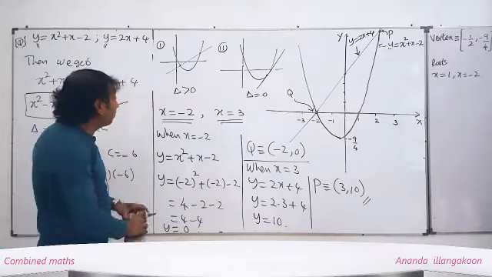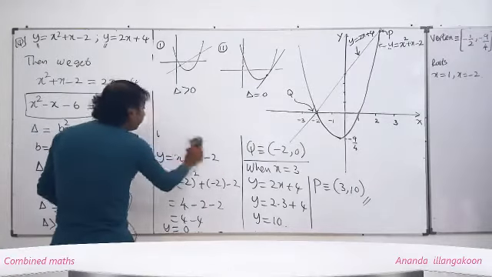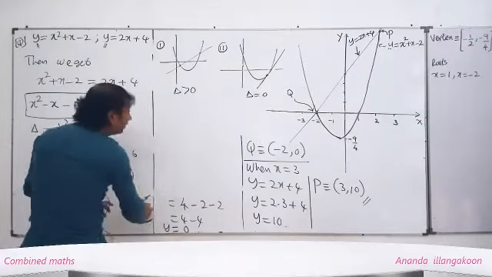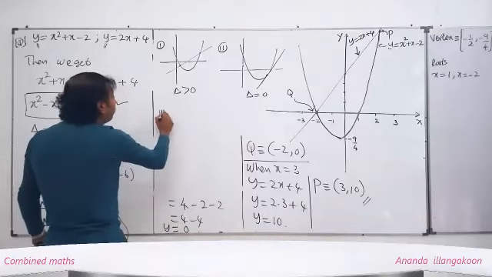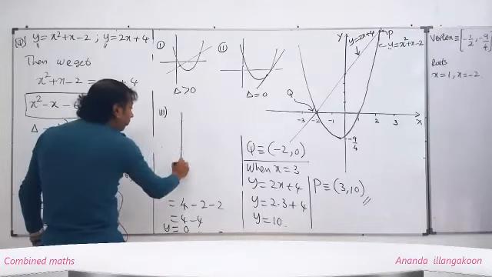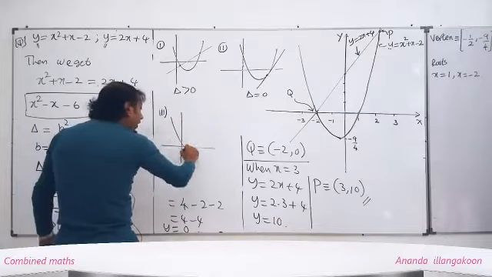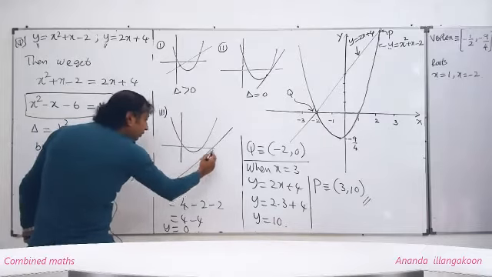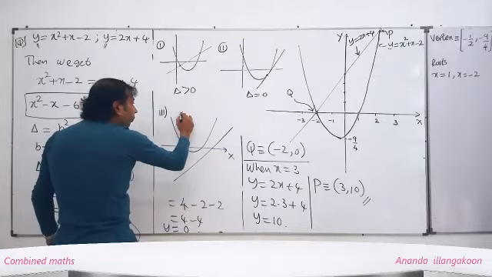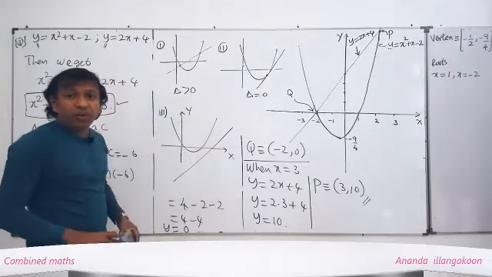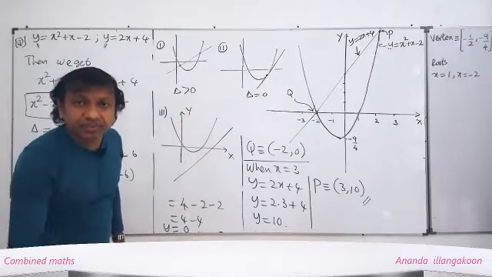People, now the third case is when we draw a quadratic graph and a straight line, and the graph may be like this and the line may be like this. They don't intersect or touch each other.